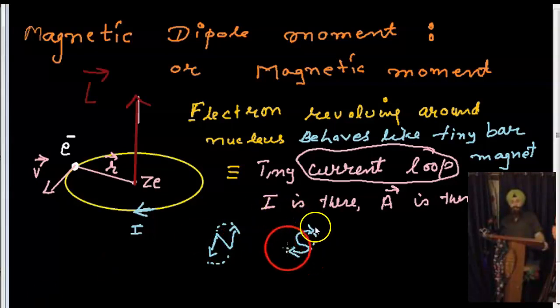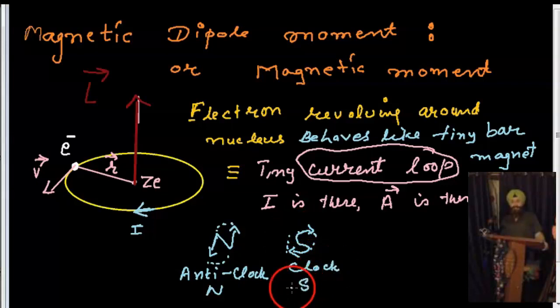So for the south pole, put the arrow, join the arrow. Now the arrow shows clockwise. So clockwise circulation behaves like a south pole. So anti-clockwise north, clockwise south.